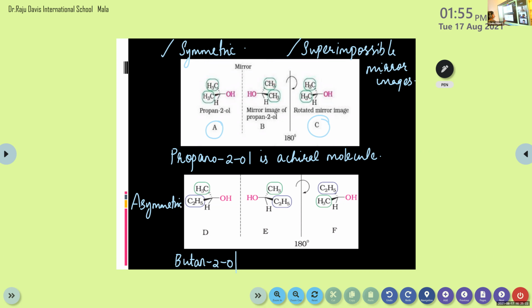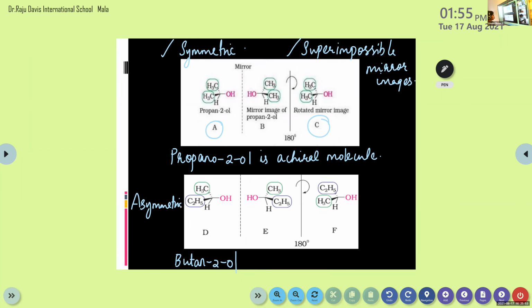And then the second, the image E, is the mirror image of D. Then we again rotated this E by 180 degrees. Not the mirror image, we just rotated this E. Then look at D and F. Then you can tell me if it's superimposable or non-superimposable.